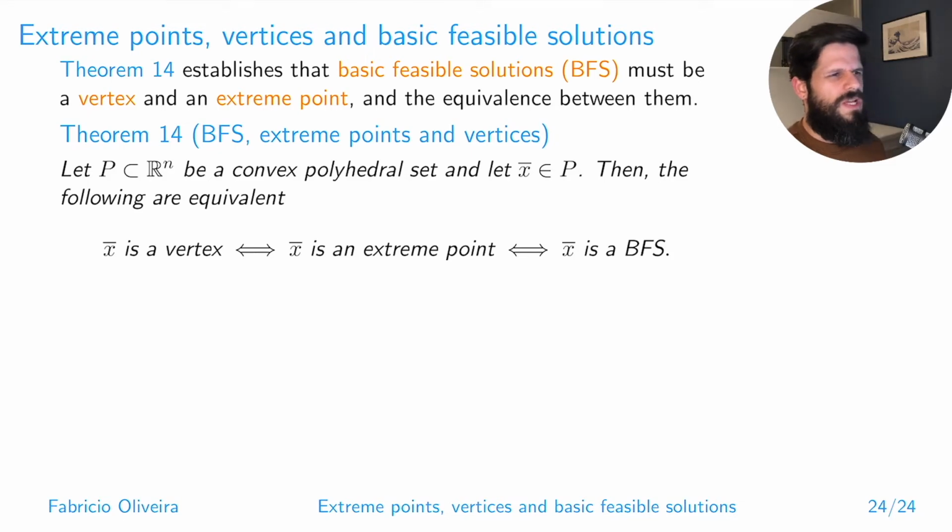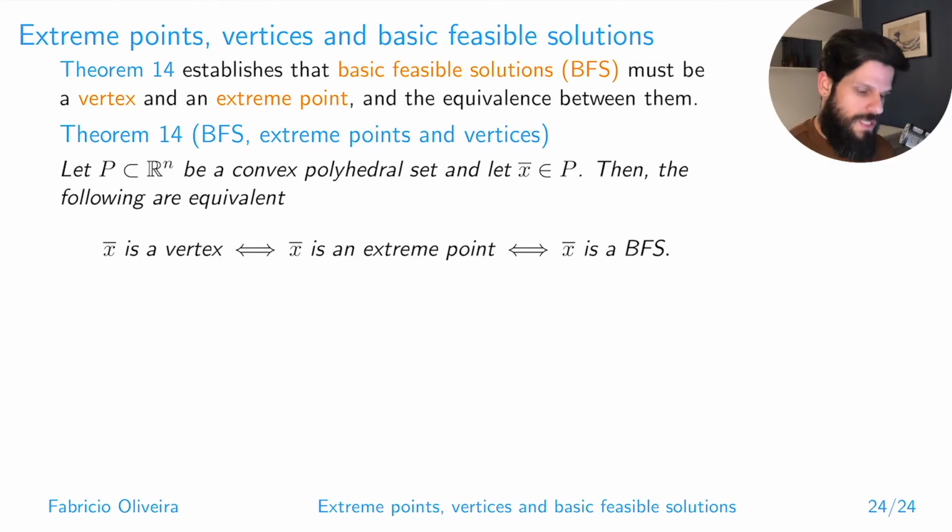Given that vertices and extreme points, even though they are defined differently, once you look at a geometrical representation of them, it becomes sort of obvious that they are the same thing. It is not obvious at all that basic feasible solutions are equivalent. They are extreme points and they are vertices.